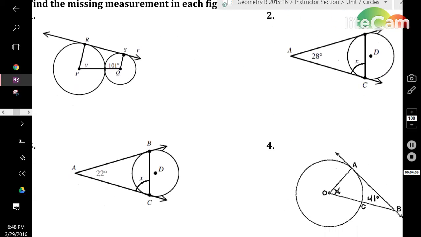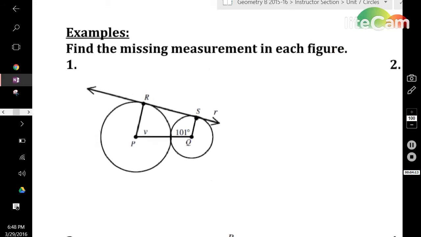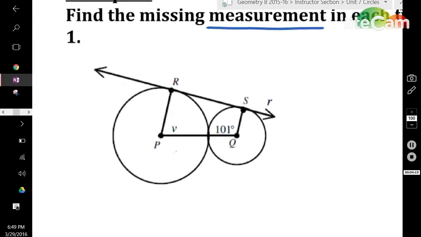Now we have 4 pictures here, all with tangent lines and radii and certain angle measures to find. You're going to find the missing measurement in each figure. So in this figure here we have 2 circles, and this line RS is tangent to both. And in red, I'm going to color in these 2 lengths. They are both radii. So therefore, I know from property number 2 that these are both right angles.